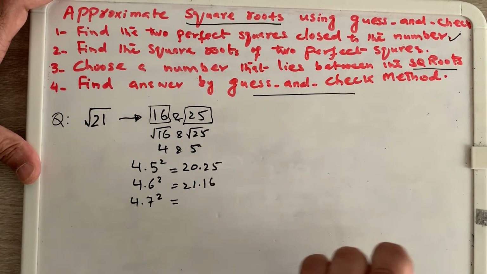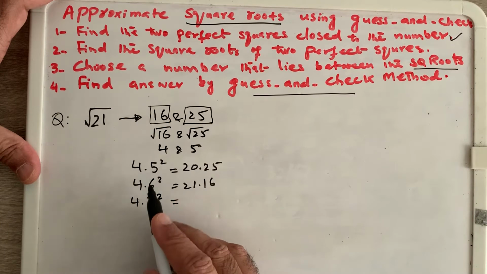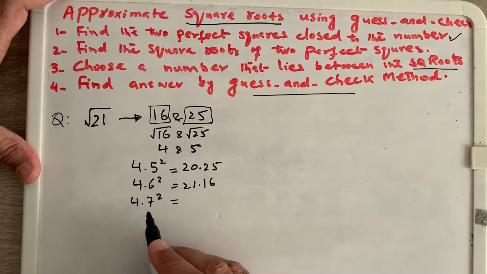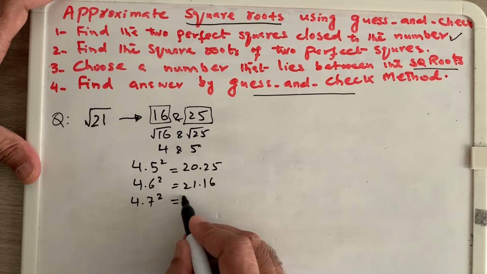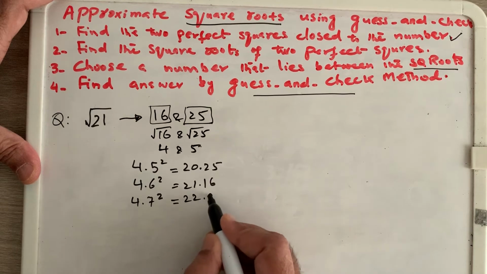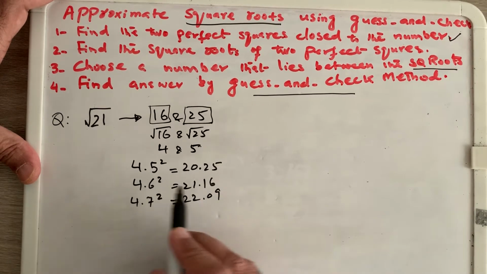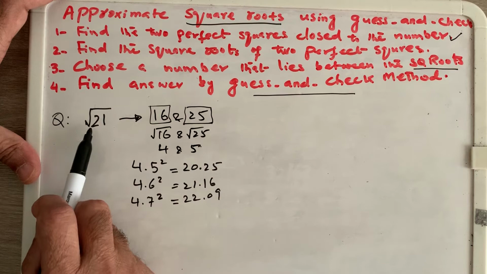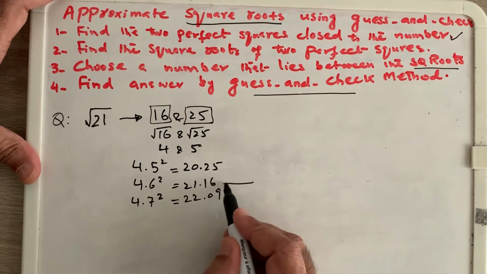I can right away guess that it will be 4.5 maybe, right? But it is a guess. Now I am checking what the exact one is. So 4.5 whole square, 4.6 whole square, 4.7 whole square comes out as 22.09. Which one is more close to 21? So this one is more close to 21.